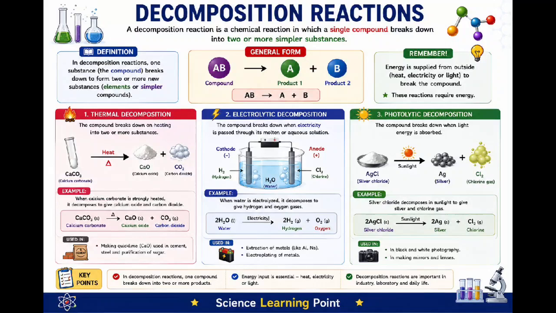Number 3, photolytic decomposition. In this type, sunlight is required. For example, 2AgCl to 2Ag plus Cl2. Silver chloride decomposes in sunlight to produce silver and chlorine gas. This reaction is used in black and white photography.